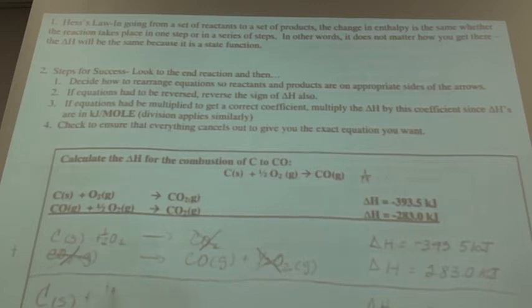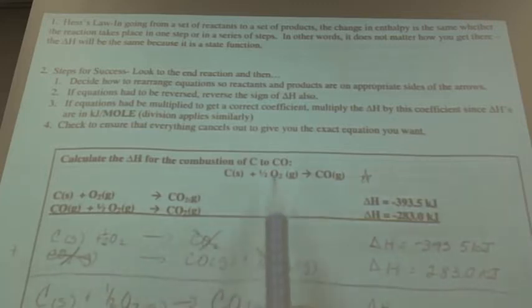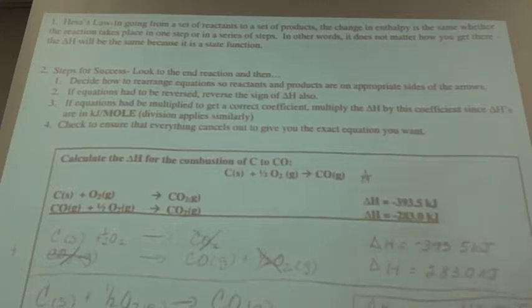Carbon plus 1/2 oxygen yields carbon monoxide gas. This matches this, so I know I'm correct. And when I add these two values up together, the delta H of my target reaction is negative 110.5 kilojoules per mole. Get it? It's nice and easy.